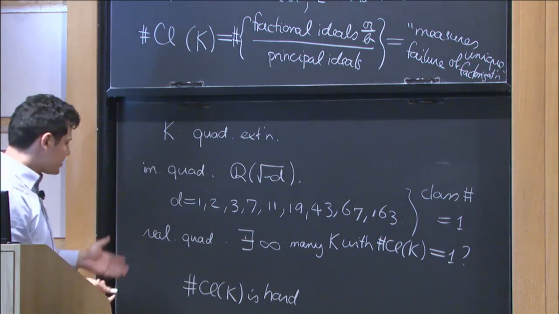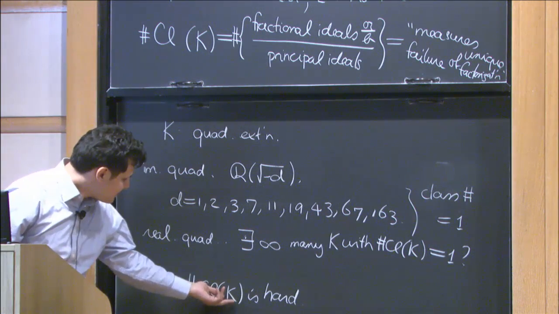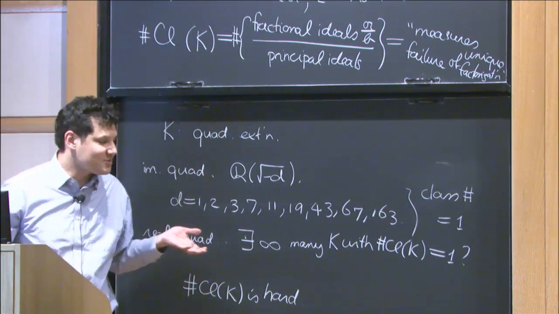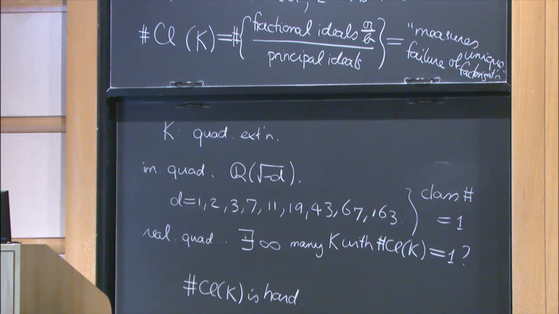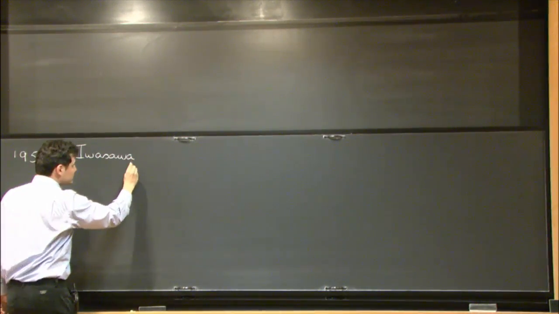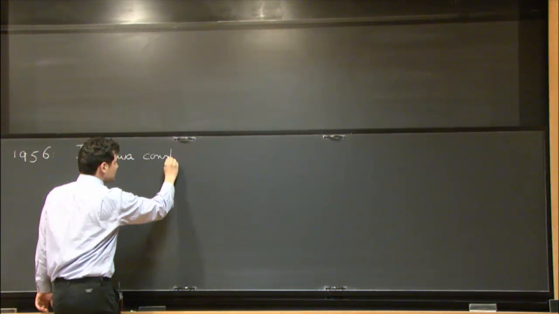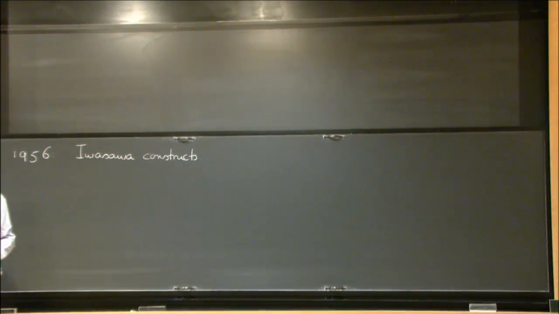And since this was so hard, nobody in their right mind would really look at high degree extensions and try to compute class numbers. But then in 1956, Iwasawa came along. And he constructed an infinite tower of number fields and was able to say something about the class number.